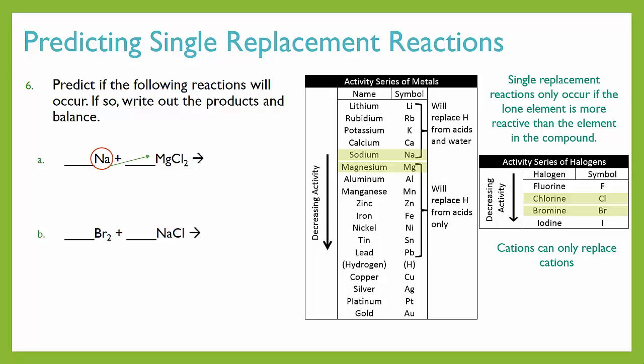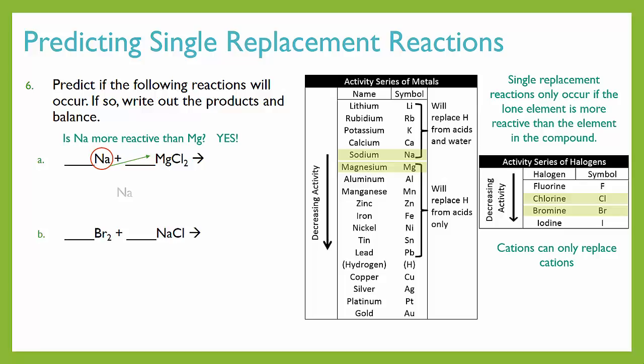So the other cation is magnesium. So we have to ask ourselves, is sodium more reactive than magnesium? So if we look on the activity series for metals, sodium is higher up than magnesium, meaning that it is more reactive. So this is a reaction that would actually occur.